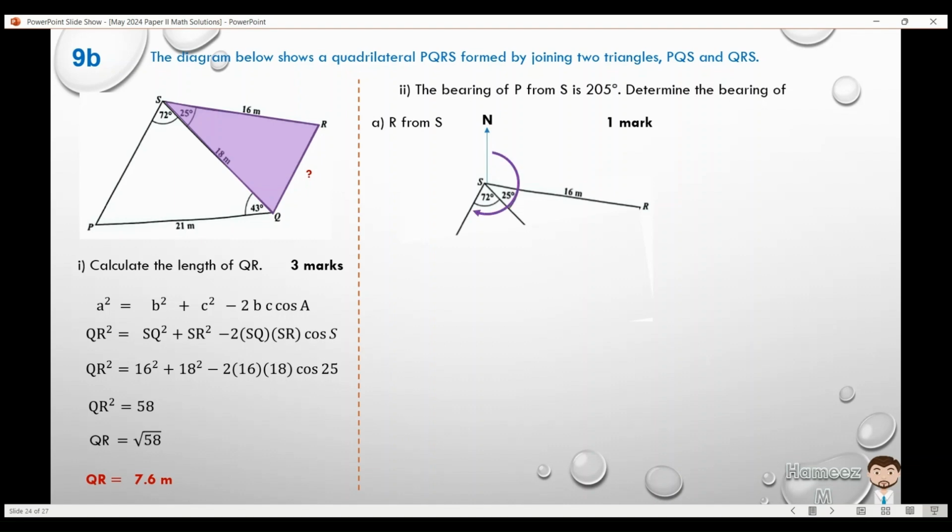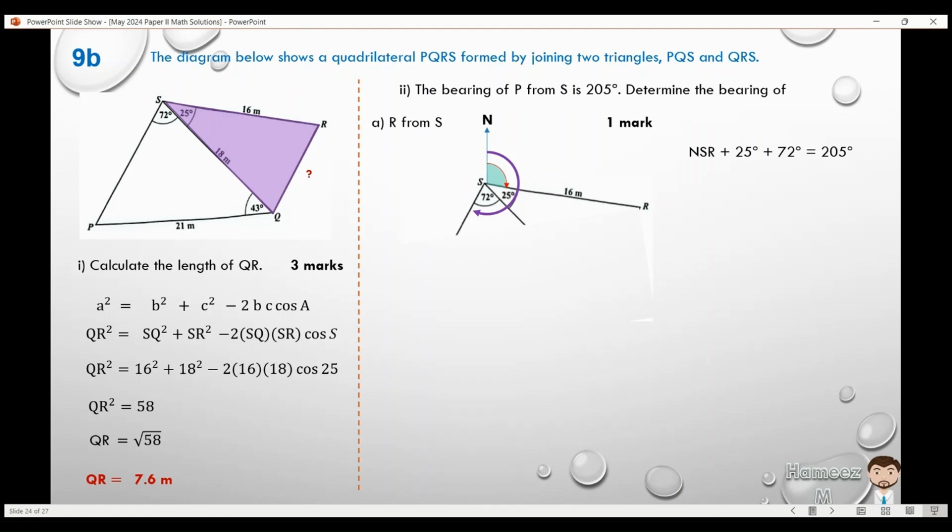Now, we just said that the entire angle standing at S and facing P is 205 degrees. So that is made up of three parts. It's made up of the green part, which is the bearing of R from S. We have that in green, or NSR, it's the same thing. And if we add that to 25 and we add that to 72, that will give us our entire bearing, which we have in purple, which is 205 degrees.